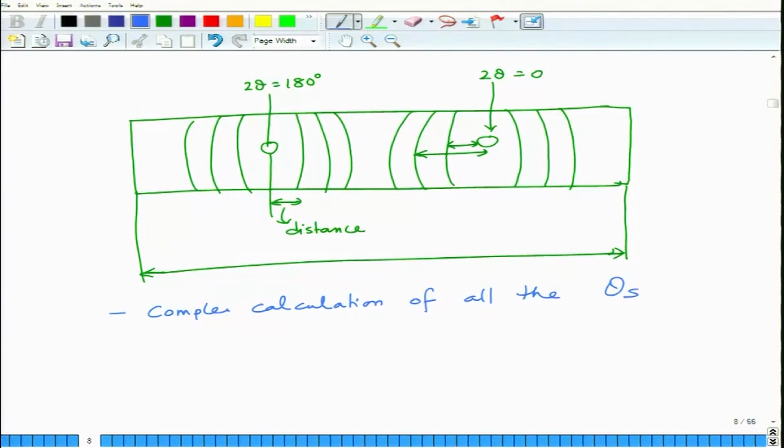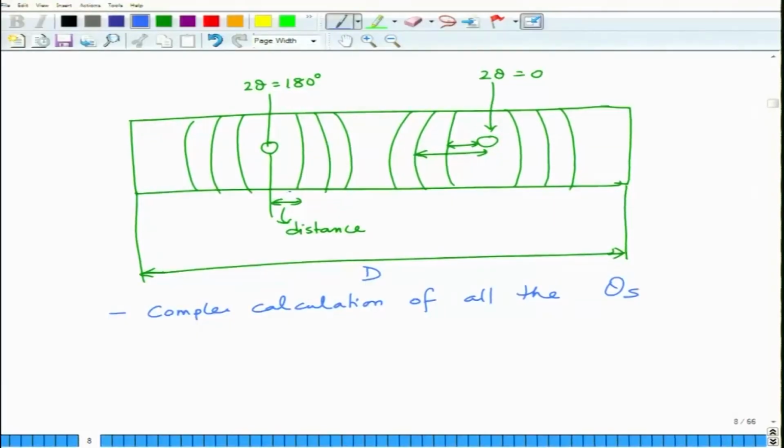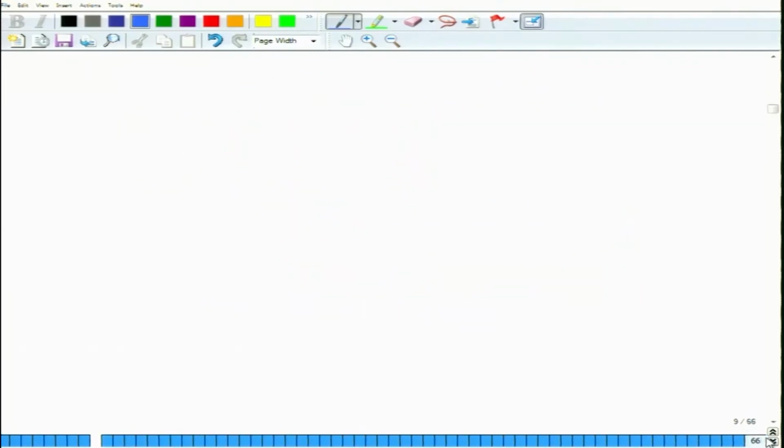The question that will come now is, how do you determine the structure of an unknown material using this kind of information? We will do that exercise in a little while. But from this you can determine thetas knowing these distances. If this is the diameter d, and this is the distance s, using s and d you can determine the theta. Nowadays, modern diffractometers look very different.